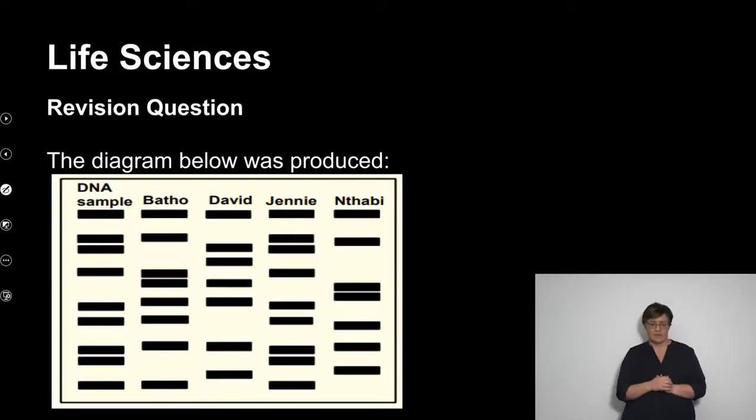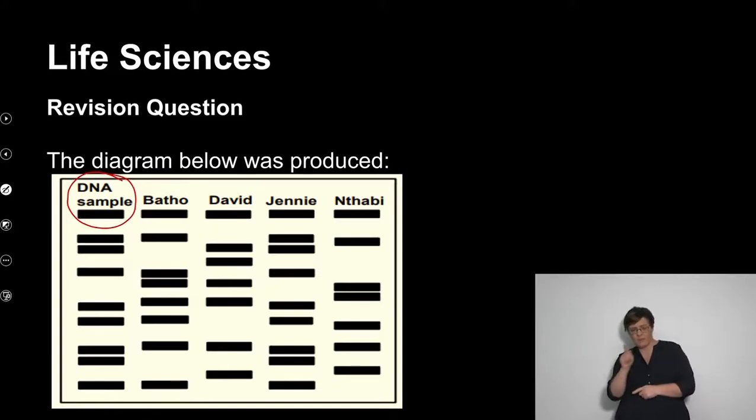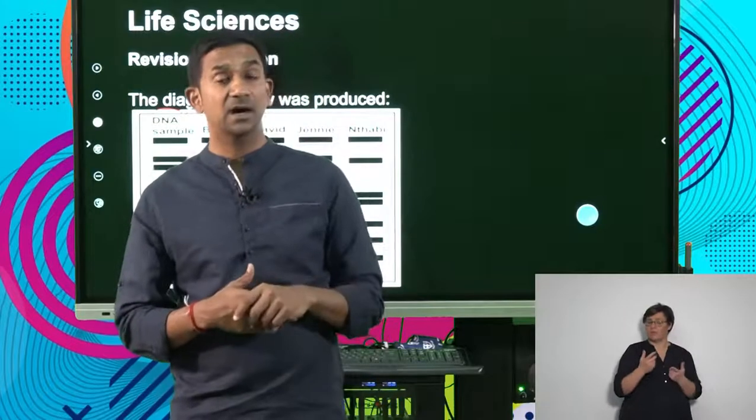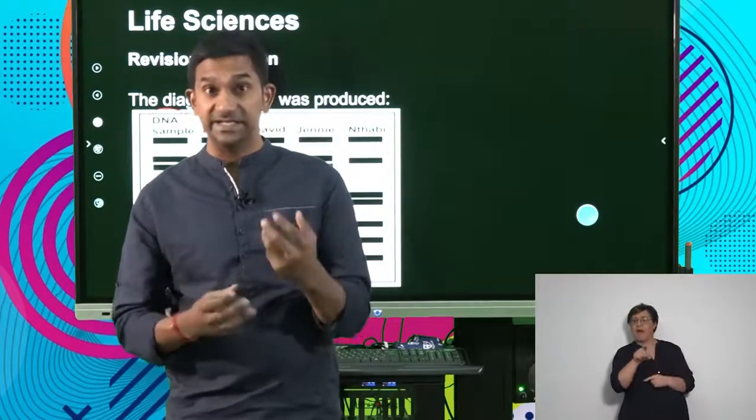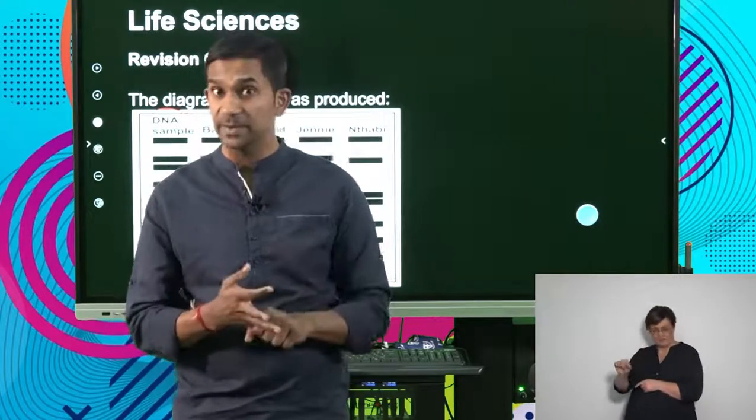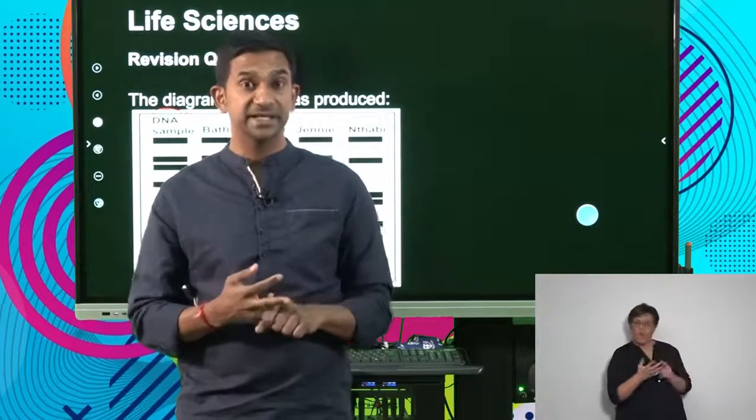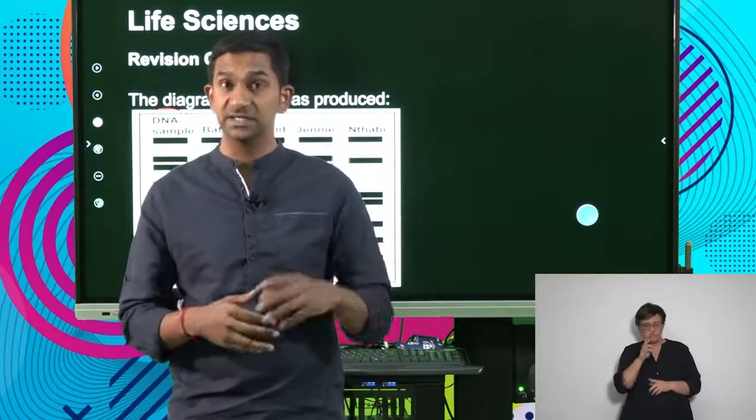So guys, here we're seeing what we refer to as a DNA fingerprint, and here we're seeing the sample of DNA that was extracted at the scene, and we're seeing 4 possible suspects that have been analyzed and their samples have been tested, or what we call DNA fingerprinted. And it's important that we recognize that DNA fingerprinting is a technique that has revolutionized how we can identify individuals, link them to parents, look at missing identities of individuals that have been found, deceased individuals.